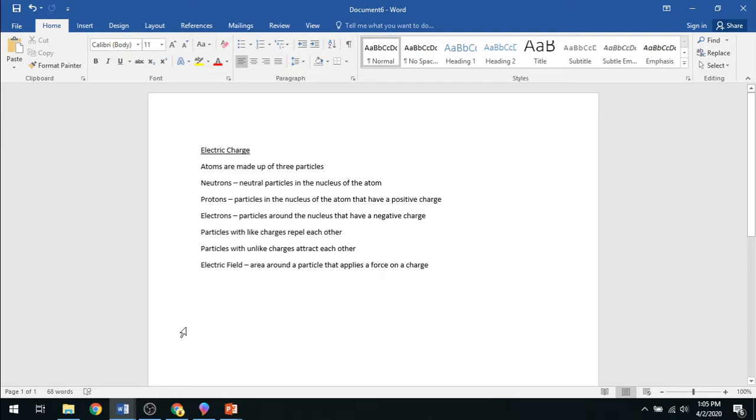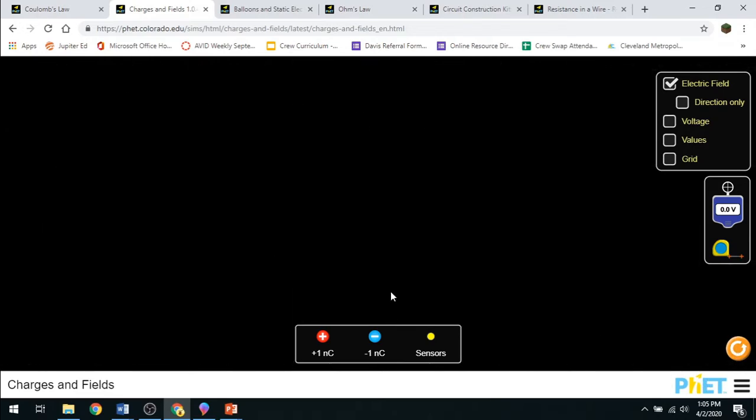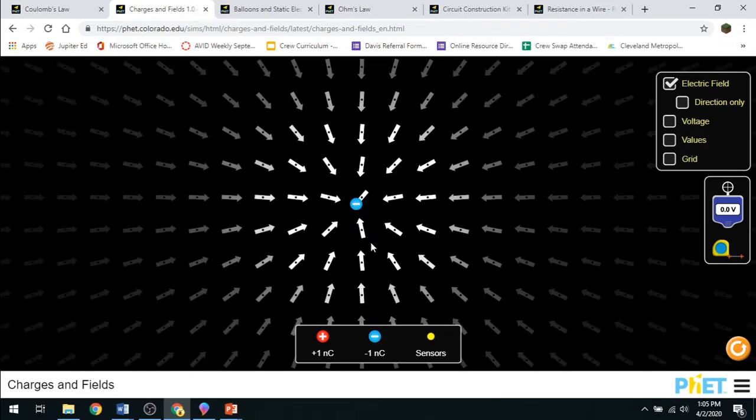As the charges get closer together, there is more force, so the field is stronger. Another way of seeing that is, if I put a negative charge right here in the middle, you can see all these little arrows pointing around it. These arrows represent the electric field around the charge.